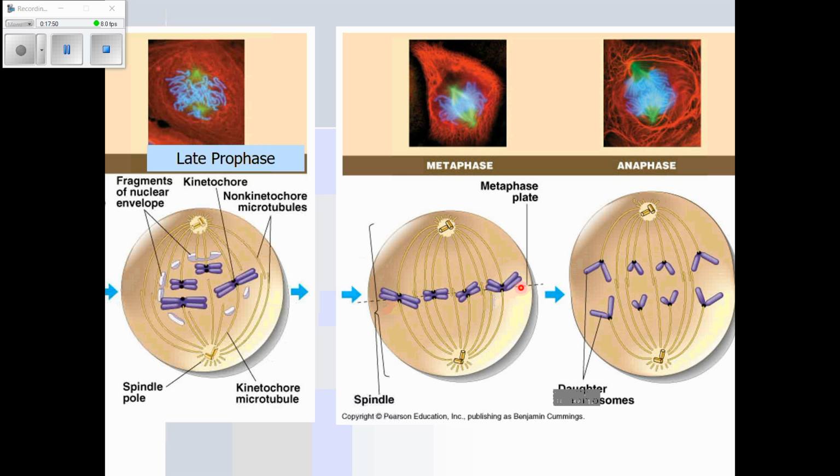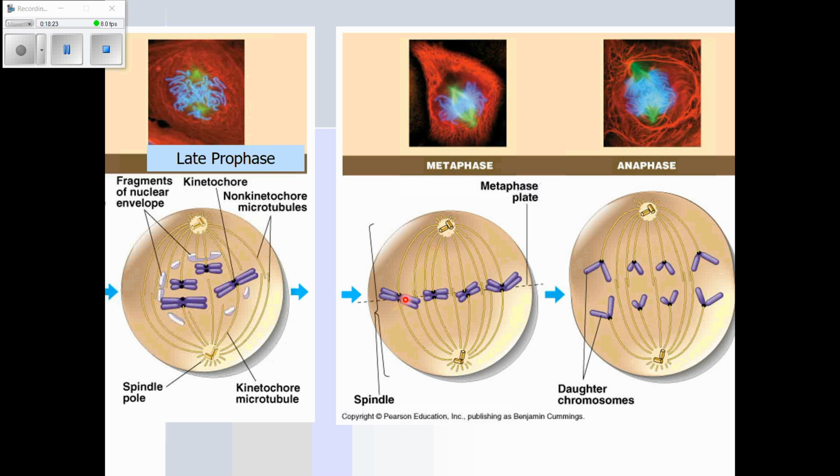And the reason they line up like this is because every single chromosome has a spindle fiber that's trying to pull it down, and another spindle fiber that's trying to pull it the other way. One spindle fiber is trying to pull it to this end. The other spindle fiber is trying to pull it in the opposite direction. So basically it's a tug of war where every chromosome is being pulled in two directions at once. And so where do they go? They just go to the middle.